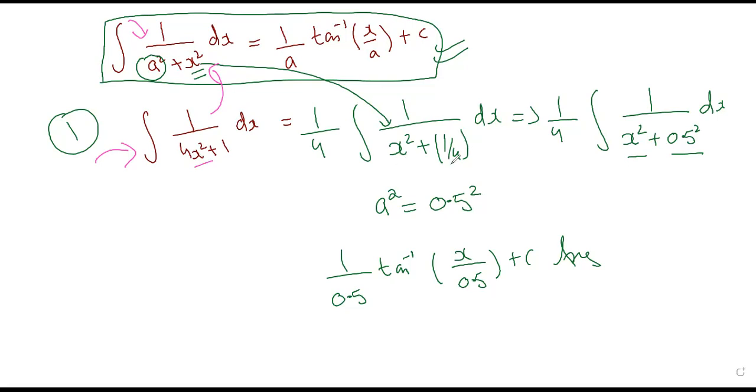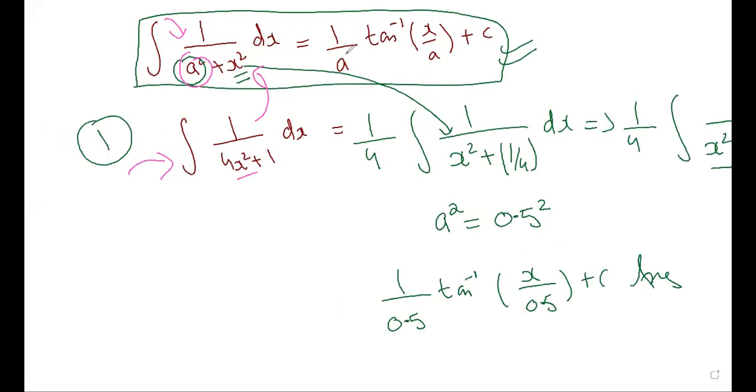And then you had 1 by 4. But you have a square here, so you need to find the under root of this function and then write it down with square. Okay? And once things are like this expression, you can simply use this formula directly. Do you get it?